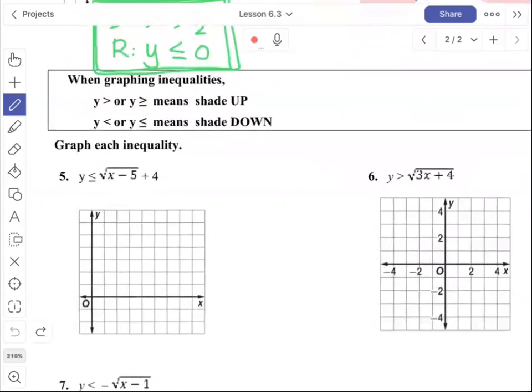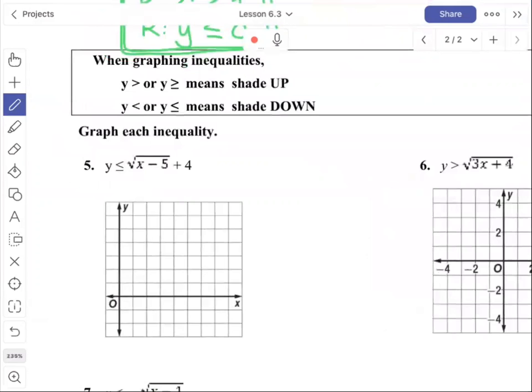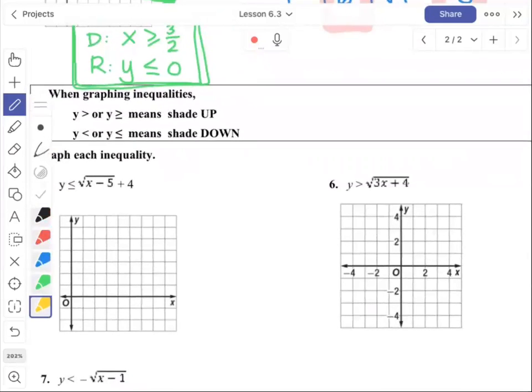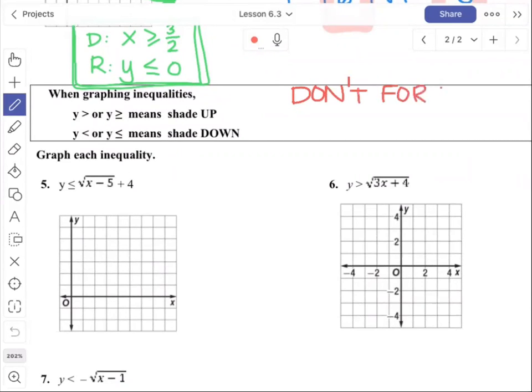I was just curious. Okay, so graphing inequalities, we're shading, okay? So the only thing I would say is, you know, put a little reminder for yourself. Don't forget solid or dashed.